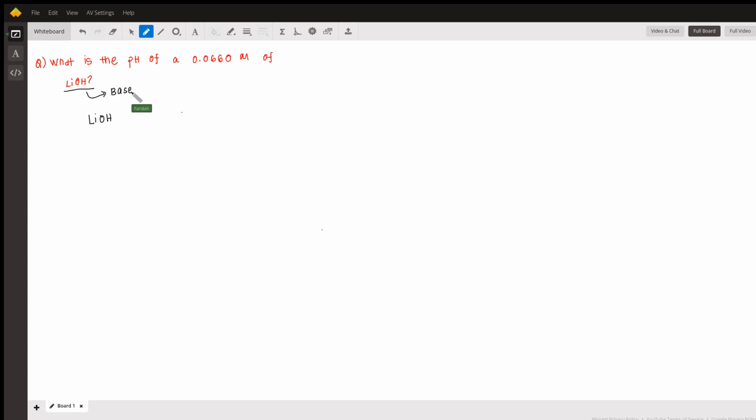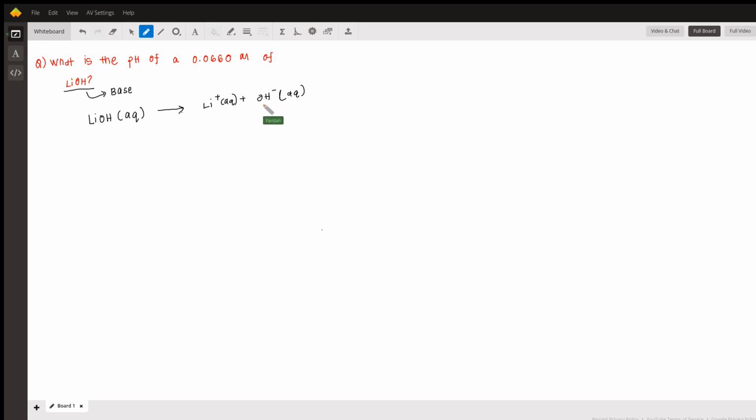So when we hydrolyze lithium hydroxide, we are going to get a cation, which is lithium, and an anion, which is hydroxide. So we can see there will be production of OH minus, which is hydroxide.